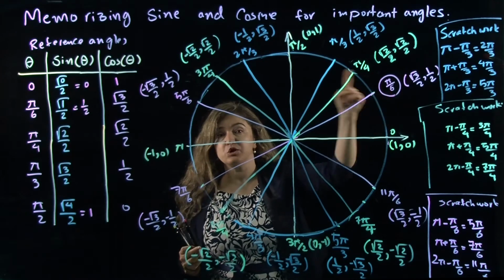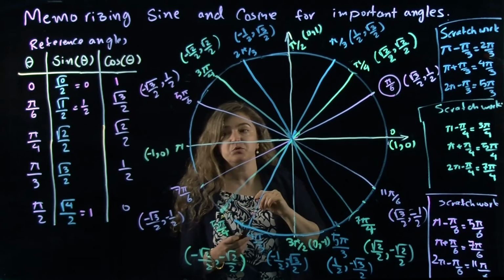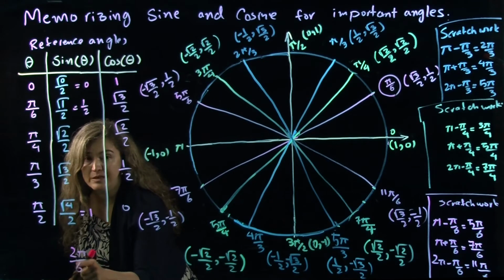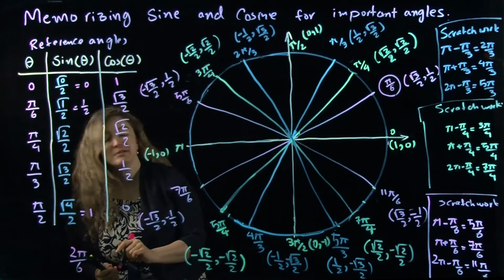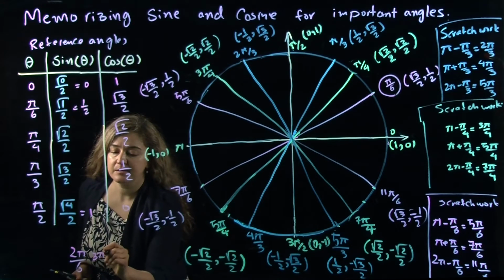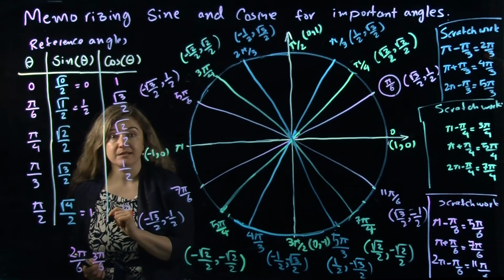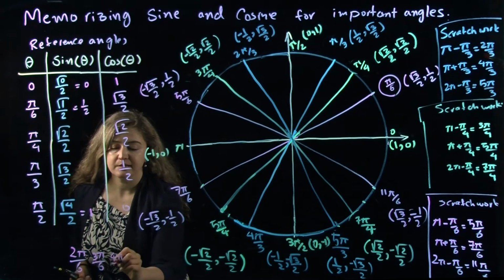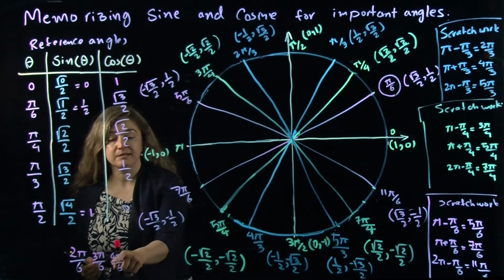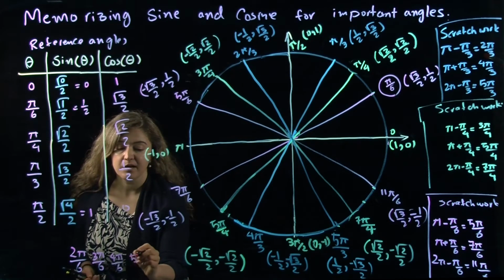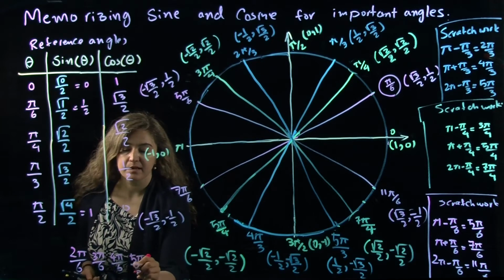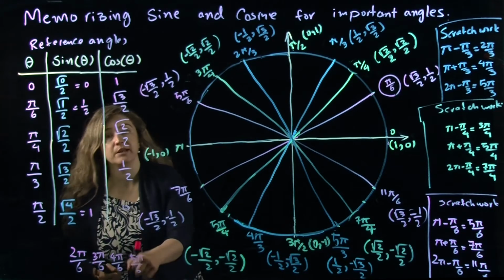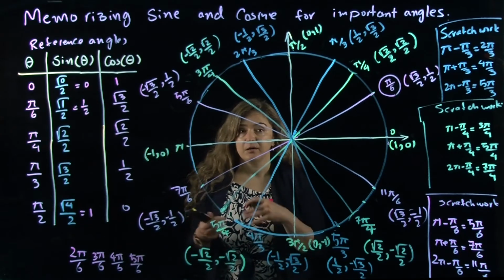2 pi 6, 2 and 6 simplify, right? So it doesn't count. 3 pi 6, 3 and 6 simplify, so it doesn't count. 4 pi 6, 4 and 6 simplify, so it doesn't count. 5 pi 6 is the first time that the integer in the numerator and denominator are mutually prime.